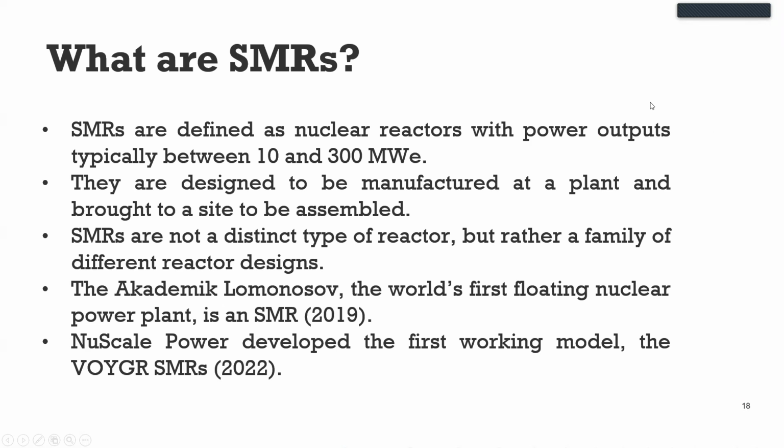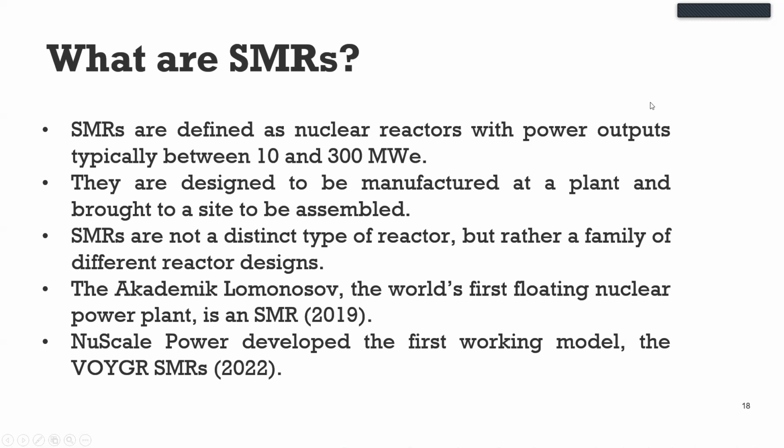We have two very famous types of small modular reactors which are in existence right now. We have the Akademik Lomonosov, which has been laid out by Rosatom in the offshore waters of Russia, powering a city. Each small modular reactor has a capacity of 35 megawatts electric, giving a total output of around 64 megawatts electric, which is quite high.